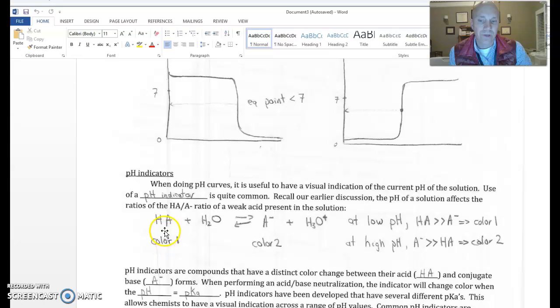So if the acid form has, we'll just say, color 1, and the A- form has color 2, and they're very different, say like a blue and a red, something that you can't help but be able to tell the difference between, you could use it as a pH indicator. And the way this works goes back to something we talked about in a recent video.